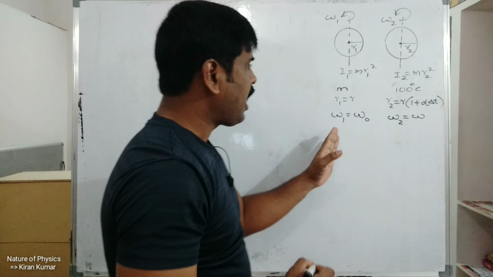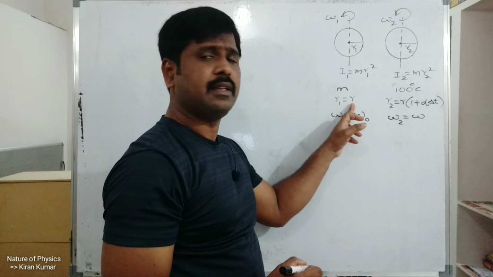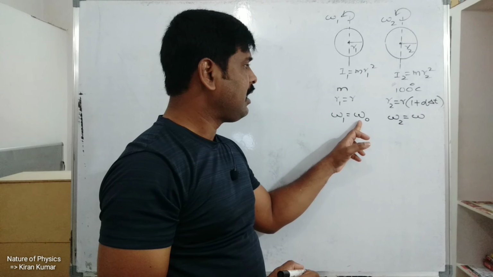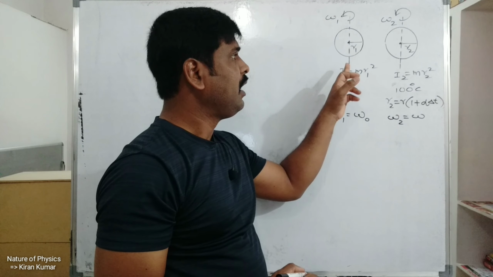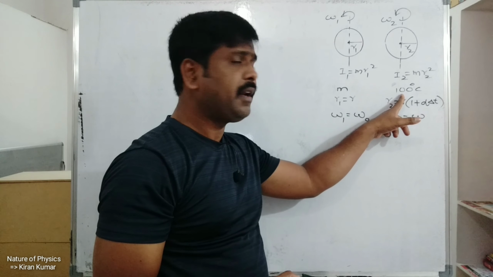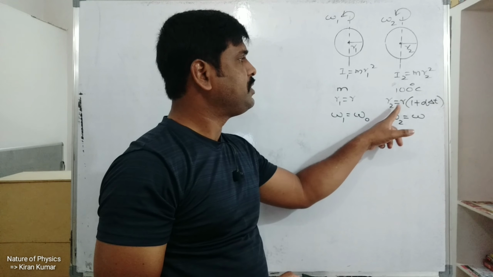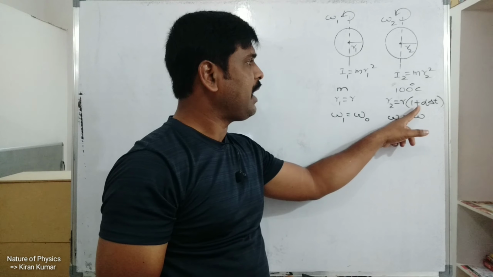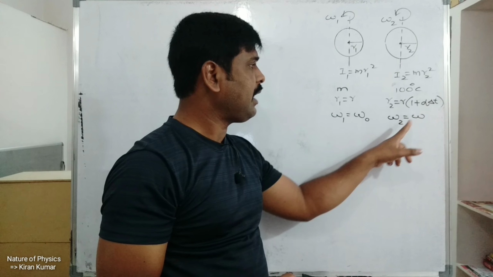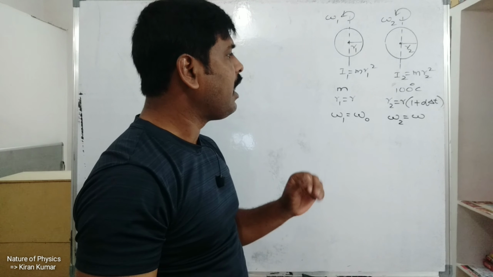Say this is at normal temperature of sphere of mass m, radius is r and angular velocity omega. But whenever temperature raises to 100 degrees centigrade, then radius r2 is equal to r into 1 plus alpha into delta t, and angular velocity omega 2 is equal to omega.